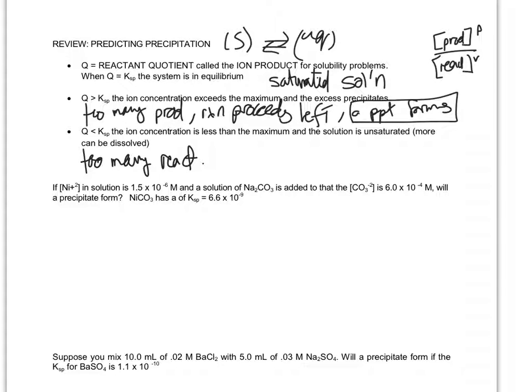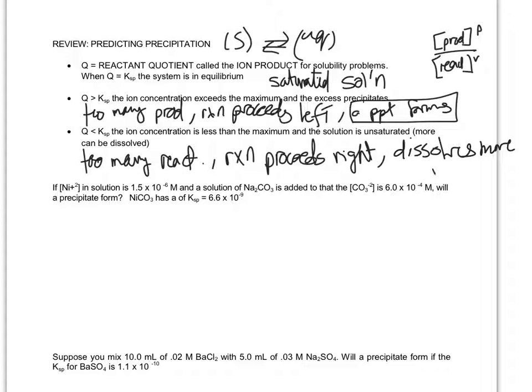If you have too many reactants, that means the reaction needs to proceed to the right, towards the aqueous ions, so it's going to form more aqueous ions or dissolve more. And so no precipitate would form.